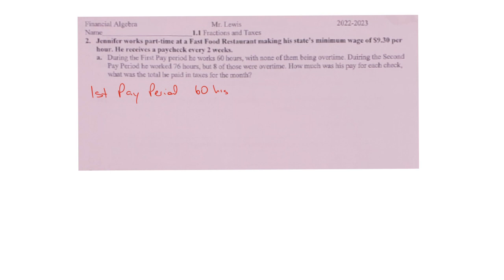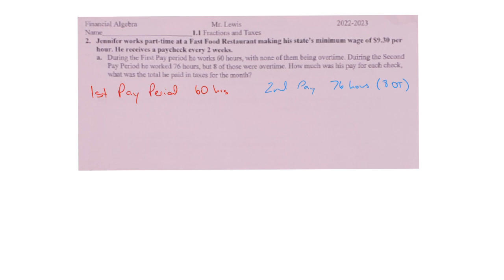During the second pay period, he works 76 hours, but 8 of those are OT. How much is his pay for each check? What was totally paid in taxes for the month? So we have to answer all these questions.